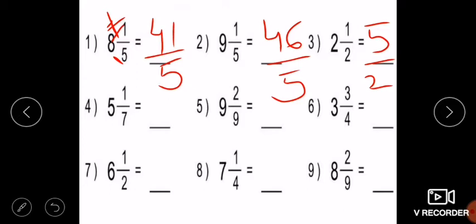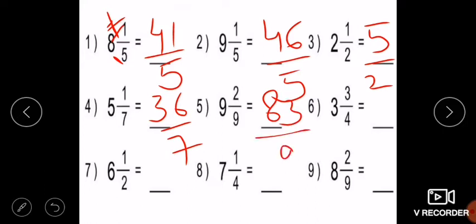Now here 7 5s are 35 plus 1, 36 by 7. Next is 9 9s are 81 plus 2, 83 by 9. 4 3s are 12, 12 plus 3, 15 by 4. So it is quite easy.